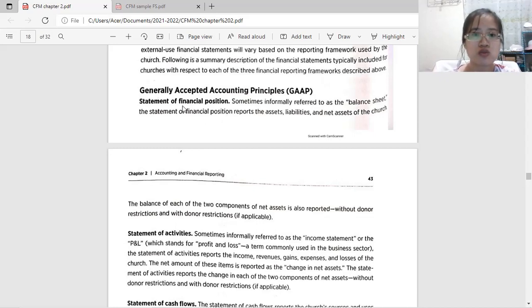So the components: we have the statement of financial position, again called the balance sheet. They report the assets, liabilities, and net assets of the church. It's called balance sheet because the assets must equal the total of liabilities and net assets.